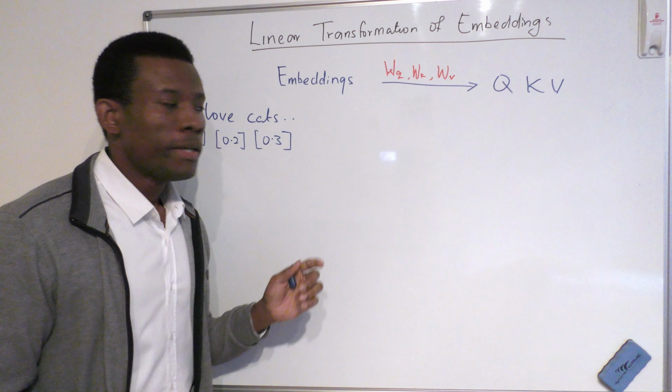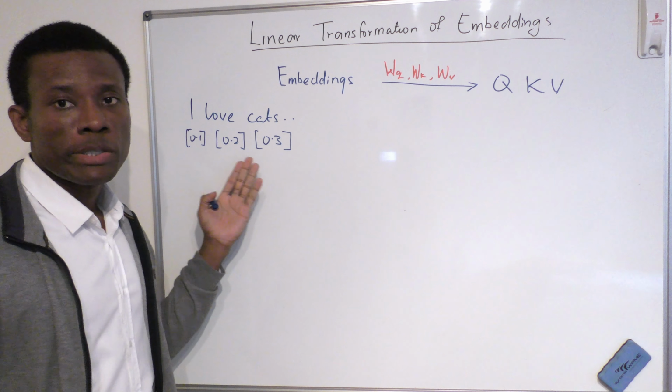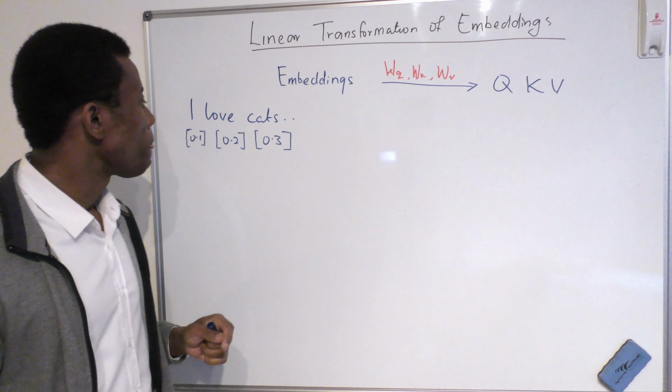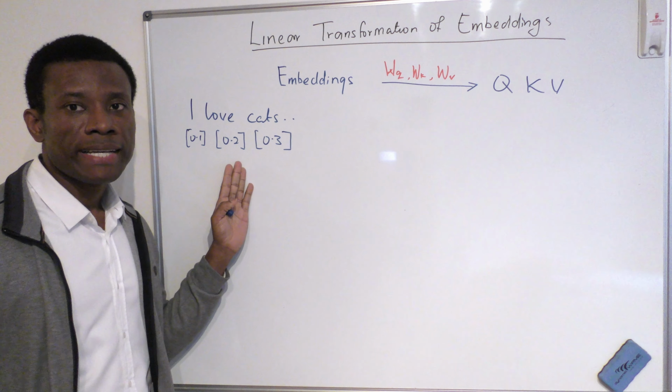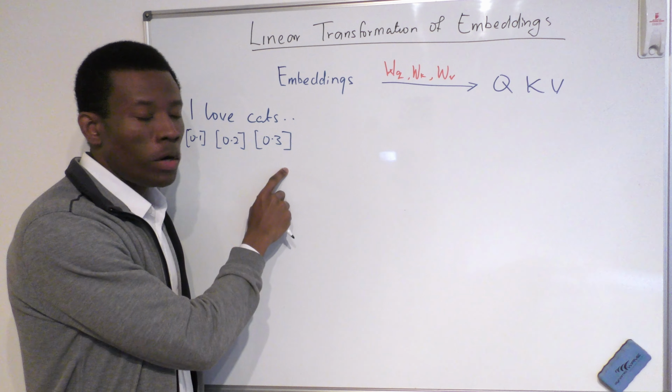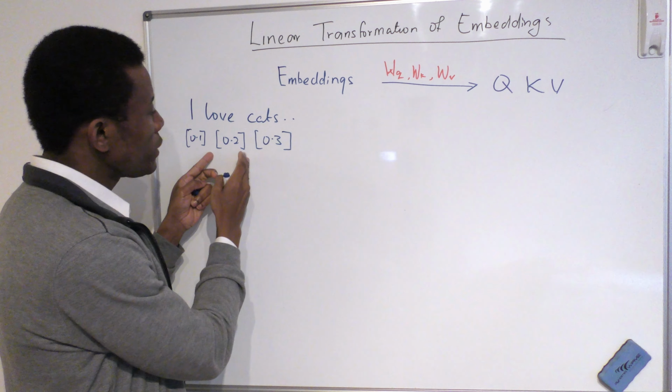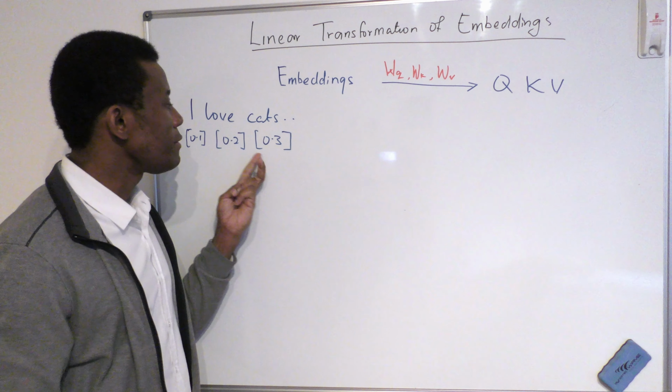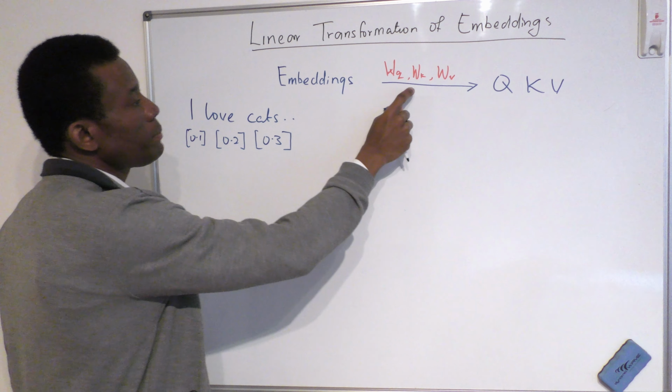Here, the embedding dimension, dk, is 1 because we have just one item in each of these vectors.